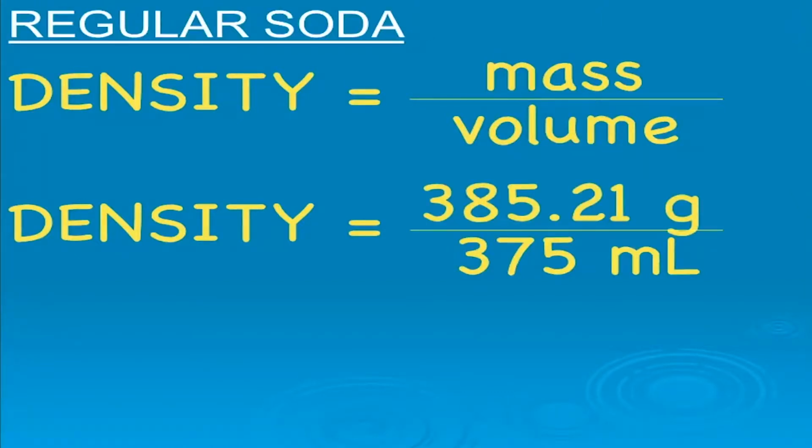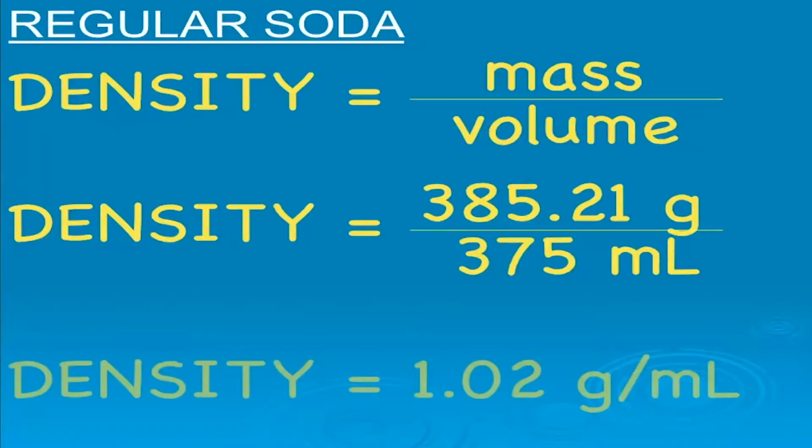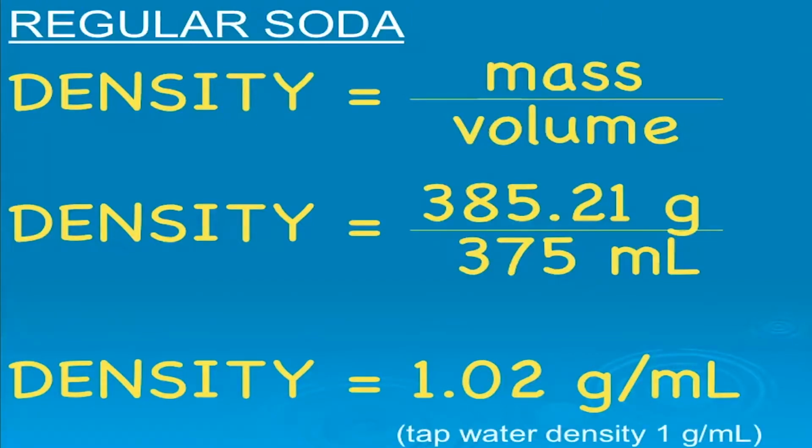Then we divide that by 375, and that gives us a density of the regular soda at 1.02 grams per milliliter. Now remember, the density of tap water is right around 1 gram per milliliter. So if I put that can inside water, it should sink.